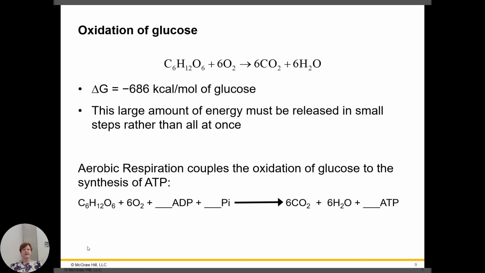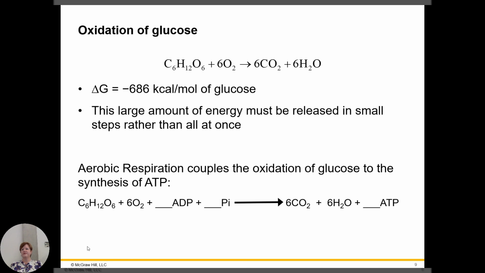But that yields arrow, there's a lot of steps in that. So this is just the very beginning reactants and the very end products. And we're going to delve a little bit into some of the middle steps. But this equation just summarizes the overall.